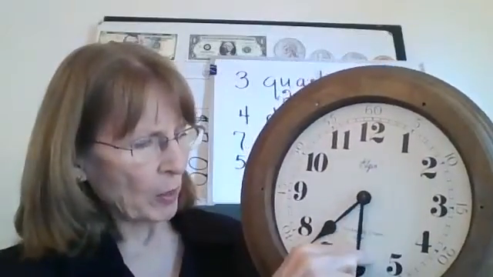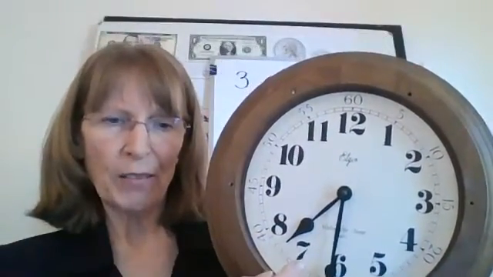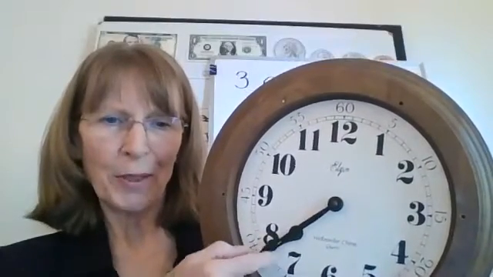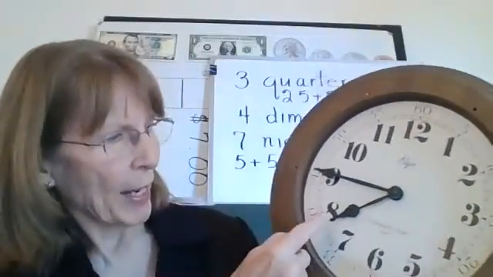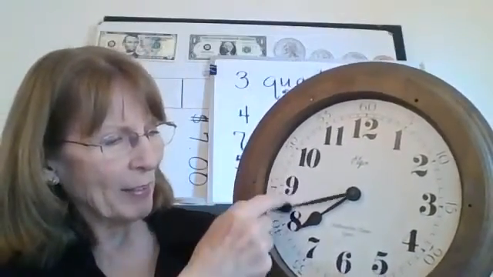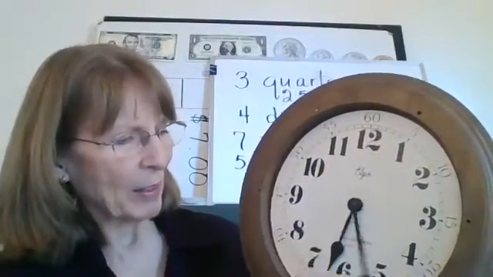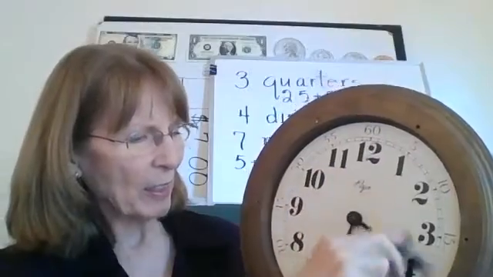Okay, just a little review. Remember, there's 60 minutes in an hour. Remember that it might look like the hour hand is closer to the 7. Let's do it like this, 6:45. It might look like 7:45.